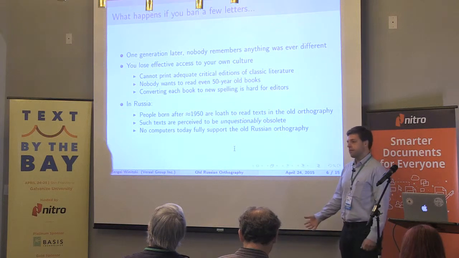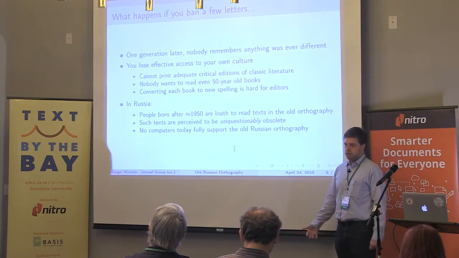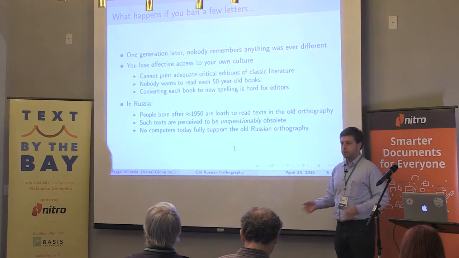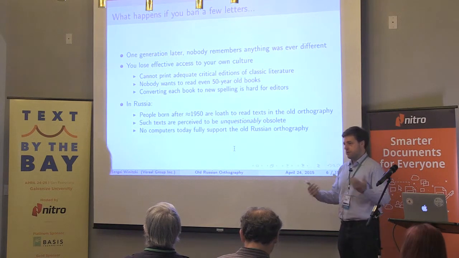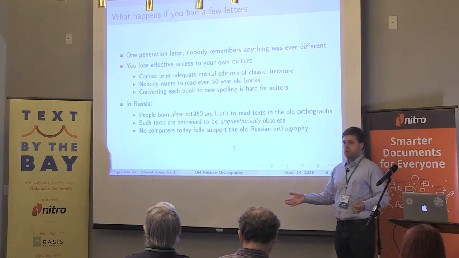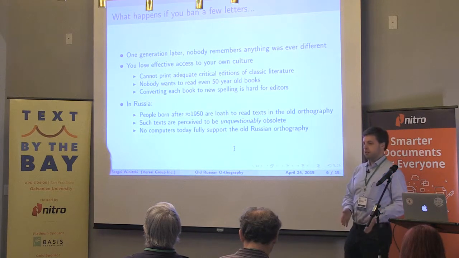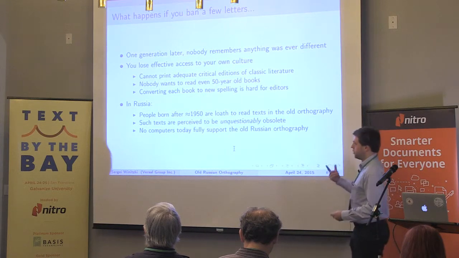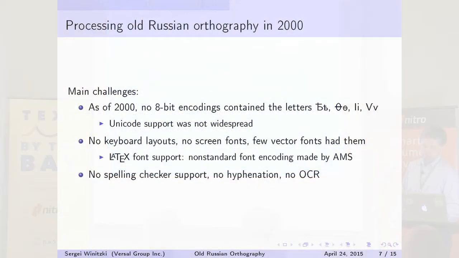Of course, back then they didn't have computers. Everything had to be done by hand. Today, if we had a converter, there's no problem. You don't like reading these old letters, just convert. Or if you want to print a critical edition of some old works, just convert. So what would be the challenges in conversion?